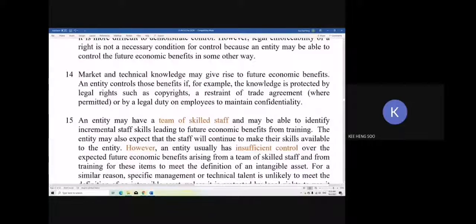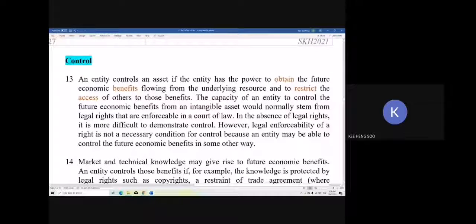So control means you have the power to obtain the benefit, and not only that, you restrict other people's access. Your smartphone has a password. Other people without the password cannot use your smartphone. Clear?